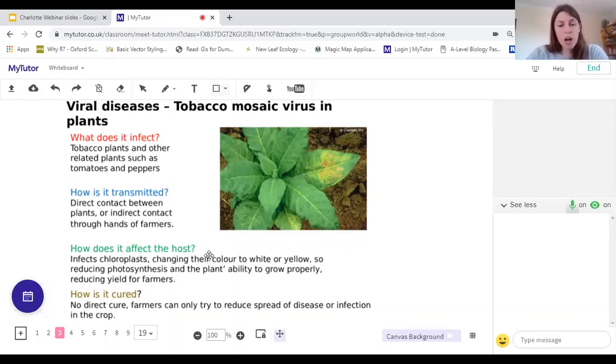It changes the colour from green to white or yellow, like this section of the leaf that you can see there. It reduces photosynthesis because there's not as much chlorophyll in the chloroplasts, so it's not able to absorb the sunlight and get energy through that for photosynthesis. And so that affects the plant's ability to grow properly, and so there's less yield for the farmers.